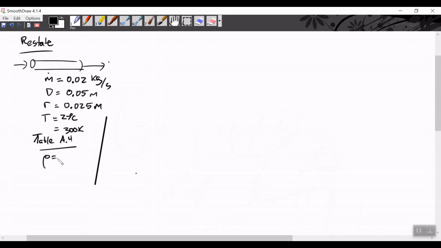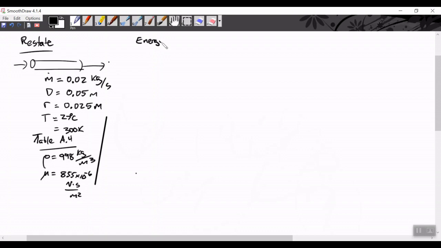The first one we'll look up is the density, which is 998 kilograms per meter cubed. And we're also going to look up the viscosity, which is 855 times 10 to the negative 6th with units of Newton seconds per meter squared. Okay, so that's our restated problem.